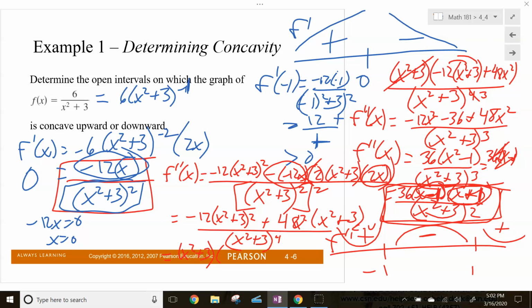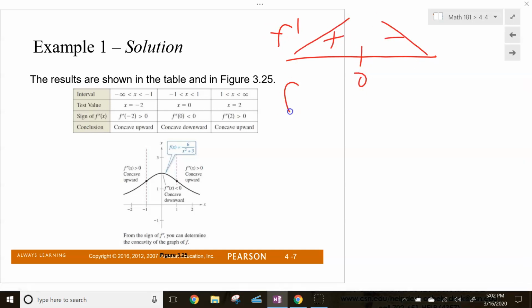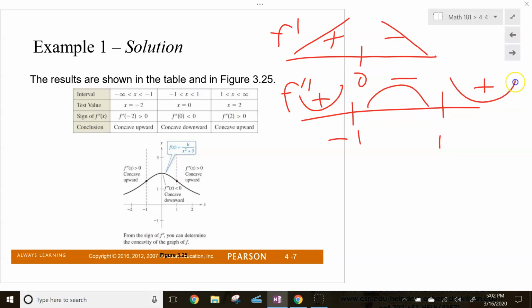So we had f prime. Well, let's see, it was increasing and then it was decreasing, and then f double prime, we had a concave up, then we had a concave down, and then we had a concave up. All right, and you can kind of see it over here.